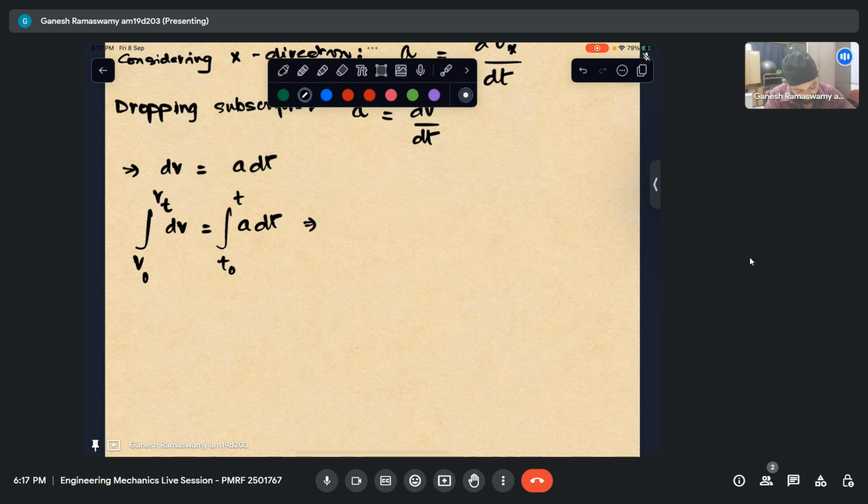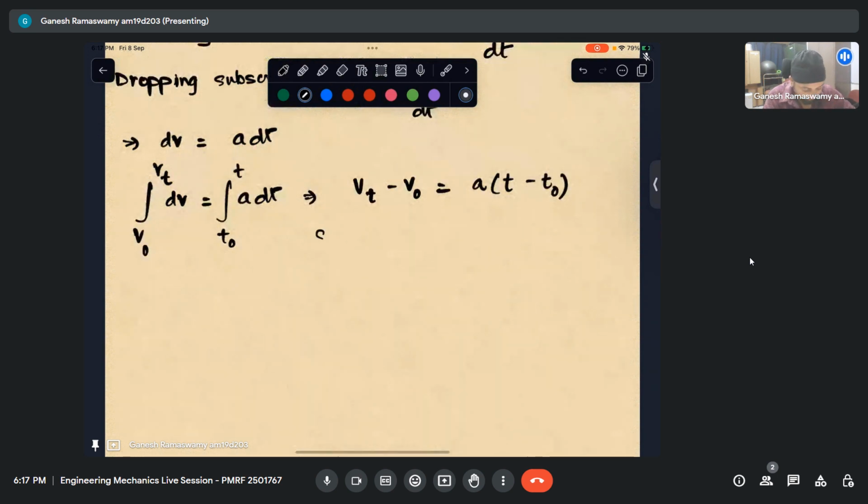So this will give me v at time t minus v at time t naught is equal to a, I can pull out since this is a constant acceleration. That is the entire basis of a into t minus t naught. So say I set my time reference, the initial start from where I started making the measurements, to be 0. Say t naught is equal to 0. Then I have velocity at time t is velocity at 0 plus a t.